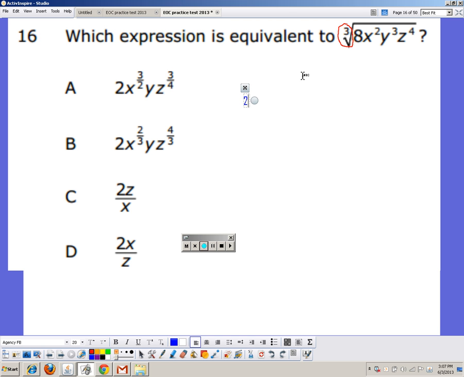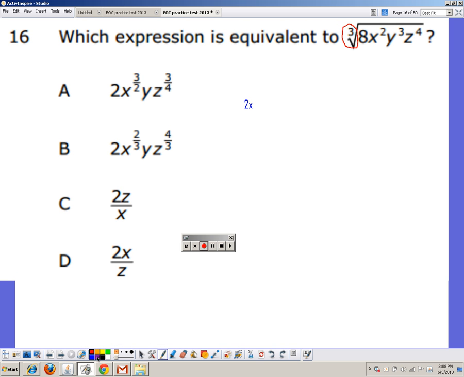X squared doesn't have a cube root because x squared just means x times x. So, to fix that, we're going to turn the exponent into a fraction. So we're going to make it 2 divided by the 3, the cube root.